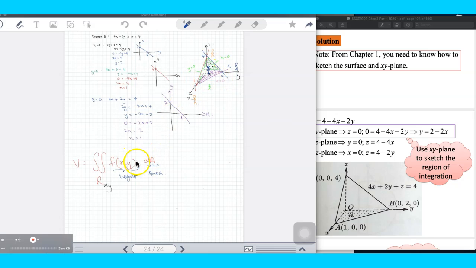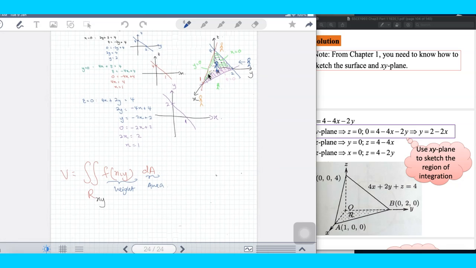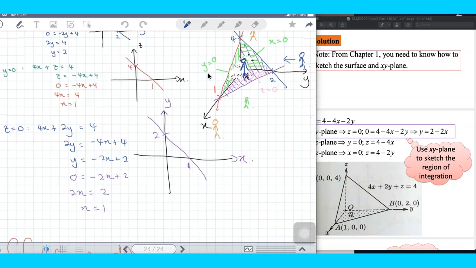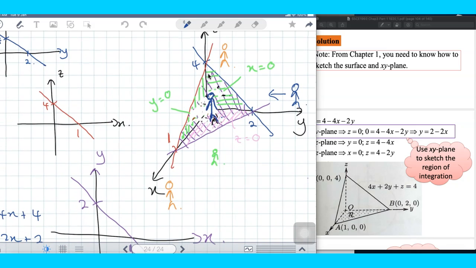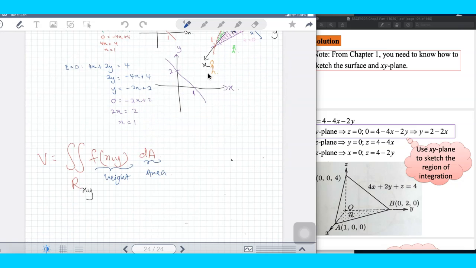To determine the height, the integrand, you have to look at your solid. Since you are standing on the XY plane, you have to determine the X and the Y, right? Or the Y and the X, right?